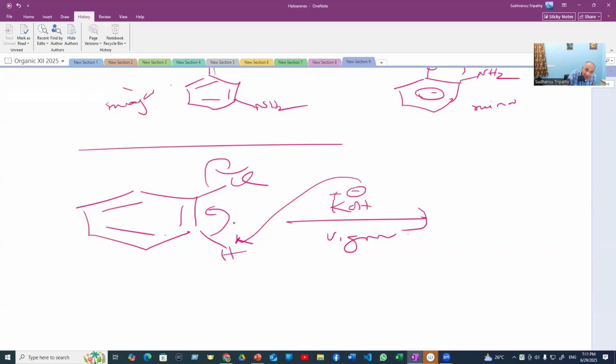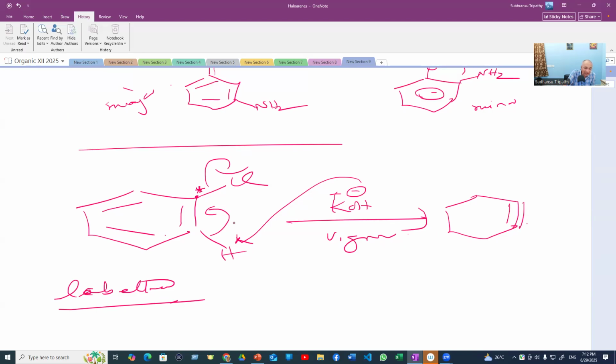And let us take a labeled chlorobenzene where this carbon, the ipso carbon, is C14. In the laboratory we can label a particular carbon with 100% C14. This is 100% C14, others are normal C12. This is called a C14 labeled chlorobenzene. And when that happens, you are really getting benzyne here.